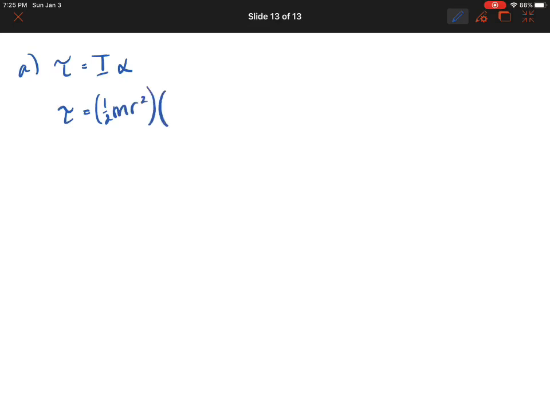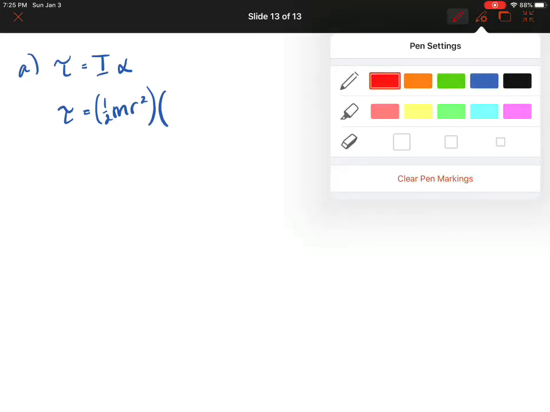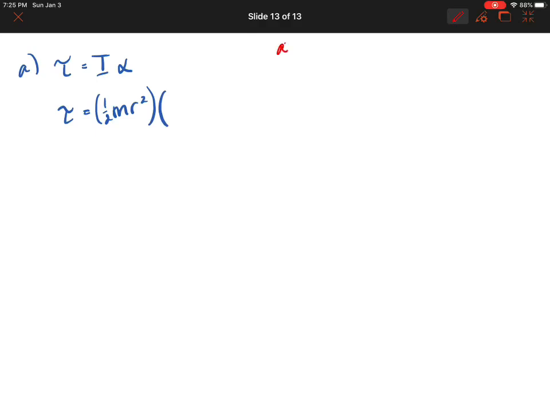mr squared. Rotational acceleration might be a little bit more difficult, but remember, you can use basically all of your calculations from kinematics, all your acceleration formulas, and then just sub in alpha for A, omega for V, and theta for D. And so there is an equation that I'm going to use there.